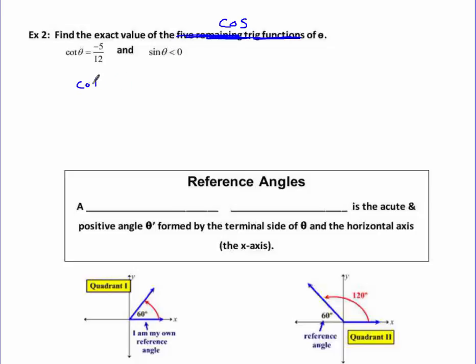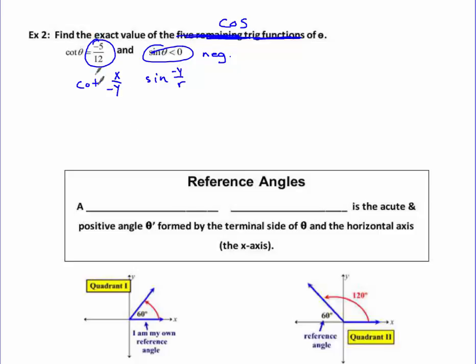Well, cotangent we know is x over y, and sine we know is y over r. This tells us that the sine is negative. And since r is always positive, that means the y has to be negative.